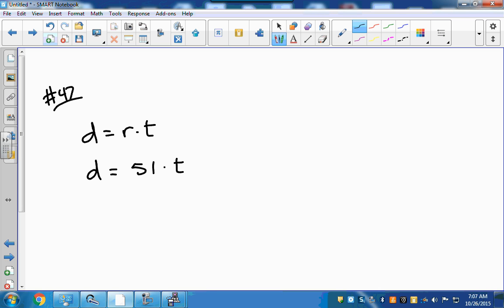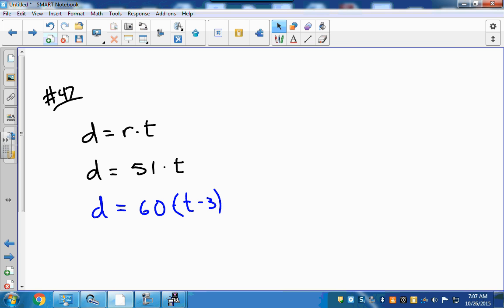The problem then states if he drove the exact same distance, but he could average 60 miles per hour, his time would be 3 hours earlier. So I'm going to write t minus 3. So again, rate times time. We don't know the time. We don't know the distance, but we do know that these two equations talk about the exact same driving distance, Vermont to South Carolina.